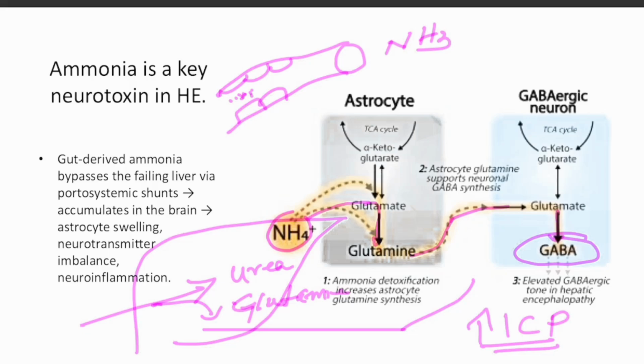So the basic thing that you remember is hyperammonemia. Ammonia from the gastrointestinal tract is not metabolized and enters via portosystemic shunting into the nervous system, acting on an osmotic basis and also causing changes in the neurotransmitters.